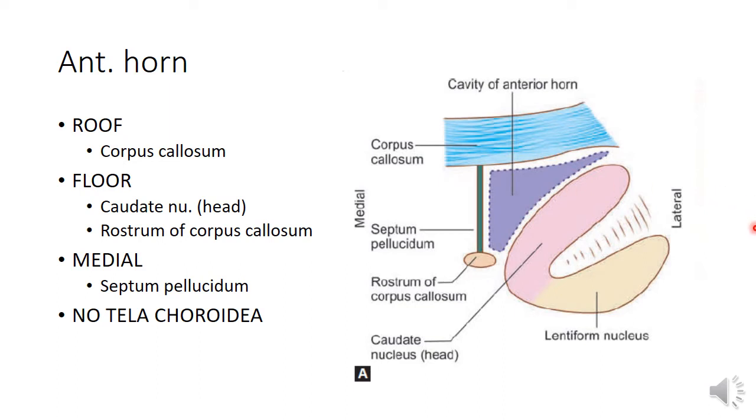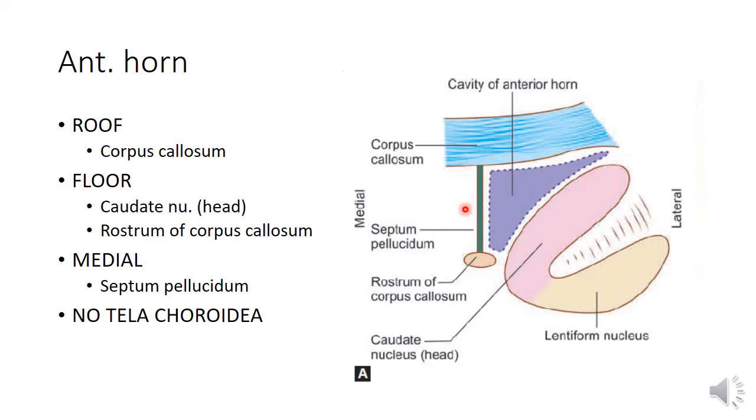Now let's see the anterior horn of the lateral ventricle. This is a coronal section showing the anterior horn. It appears roughly like a triangular part. The roof is once again the corpus callosum, and medially it is separated by the septum pellucidum.